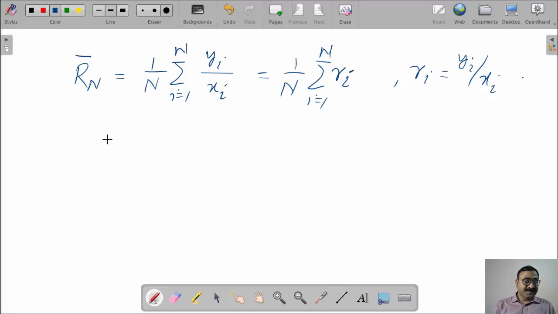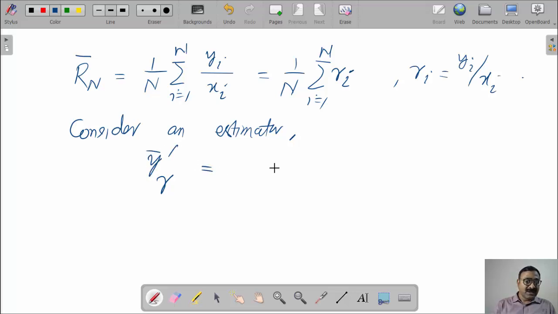So now consider an estimator y r bar dash, that is equal to R_n bar into x bar. This is an estimator based upon the mean of the ratios, R_n bar x bar.